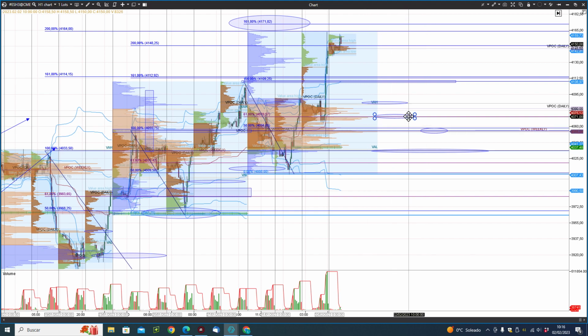First one at this point 4,071, second 4,054. The last lower target would be this final of VWAP line about 4,037.